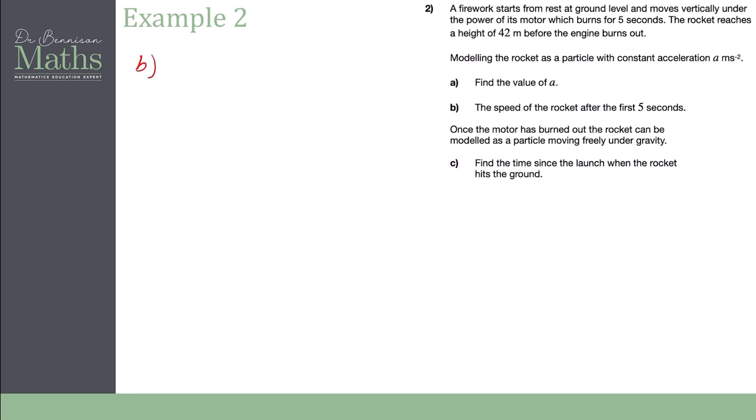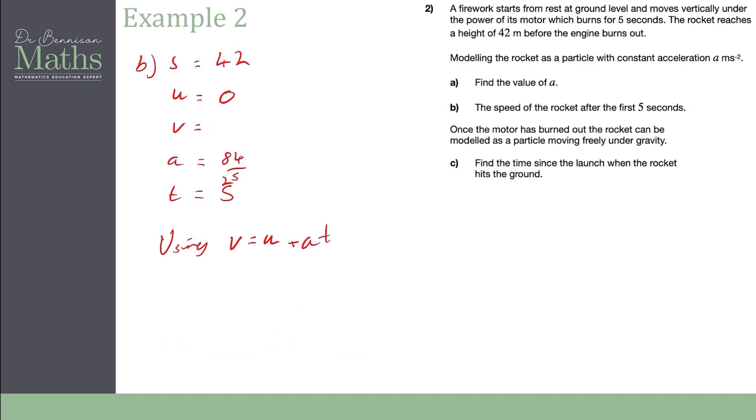Part B is similar. So S, U, V, A, T. So again, S was 42, U was 0, T was 5, and I want to find V. So V then, using V equals U plus A T, because I've just found A, I know that A is 84 over 25.